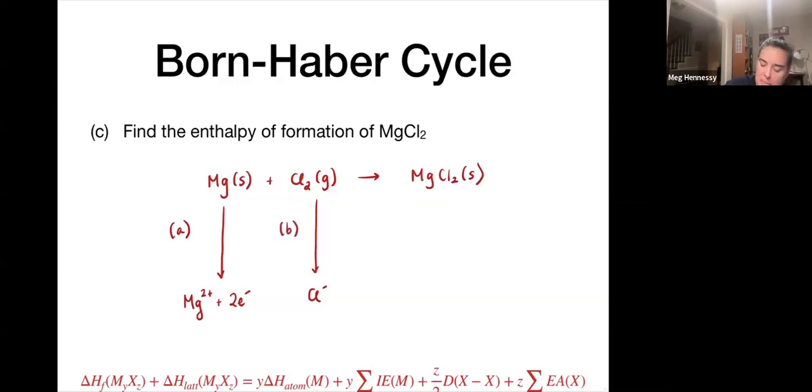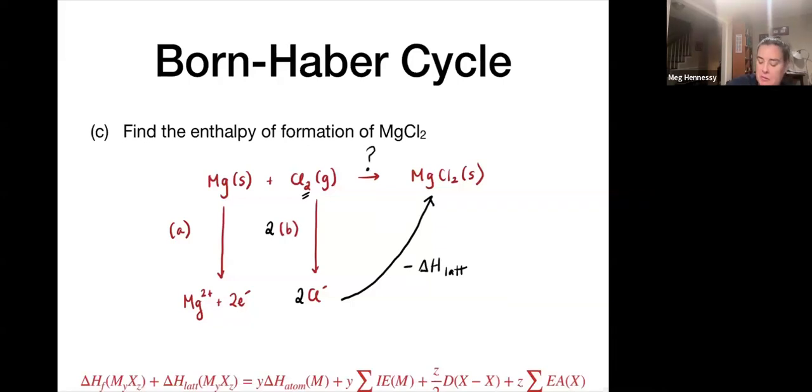So let's finish this up by recognizing that I need to do 2 chlorines and that this final step would be the delta H of the lattice written backwards. So I don't know this value.